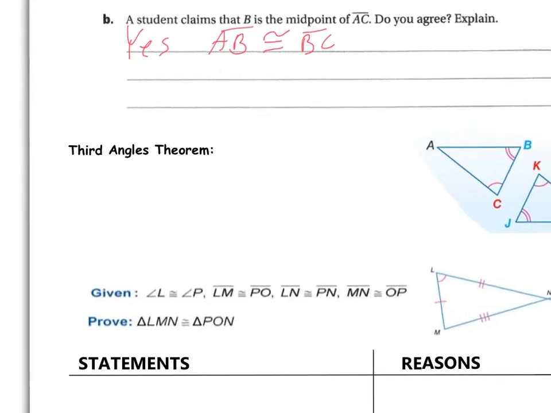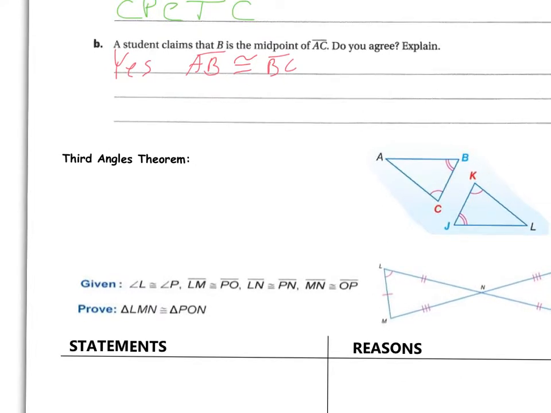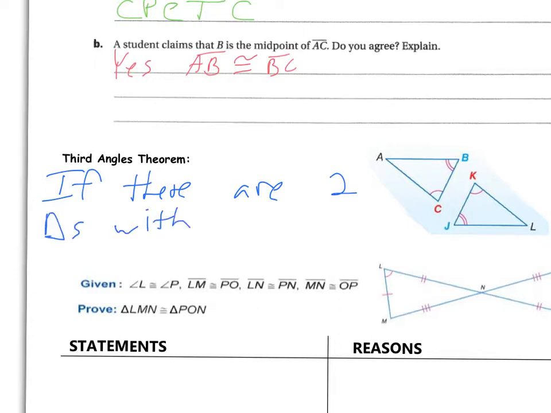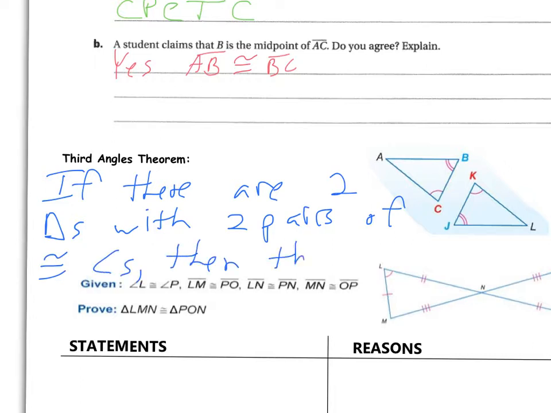All right, and the third angles theorem, we're going to talk about it just briefly. All of this really says is, if we have two triangles with two pairs of congruent angles, then the third pair is congruent.